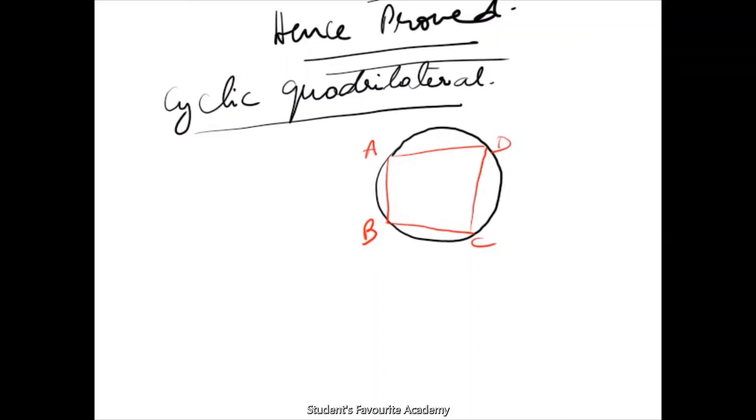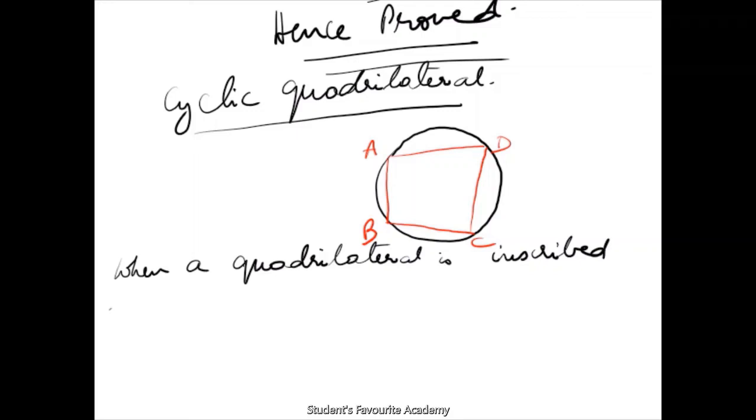So, when a quadrilateral is inscribed in a circle, that is what?